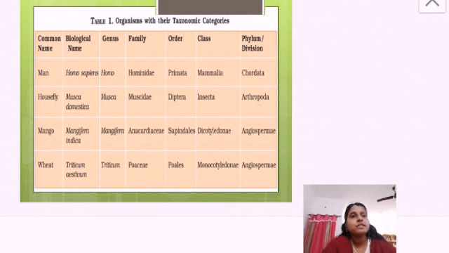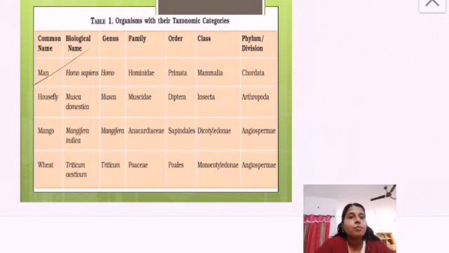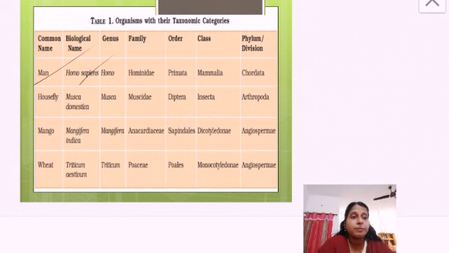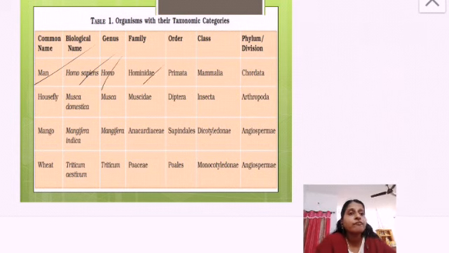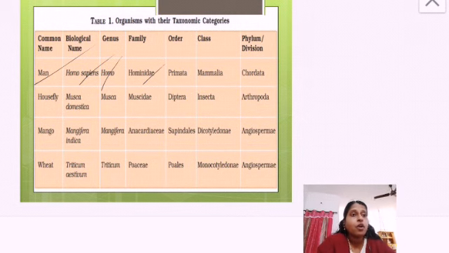First one and two, you learn this, it may come as one-word answers. Man: the common name is man, and the binomial name, biological name or scientific name is Homo sapiens. The genus is Homo, family is Hominidae, order is Primata, class is Mammalia, phylum is Chordata. They come under animals, Animalia.